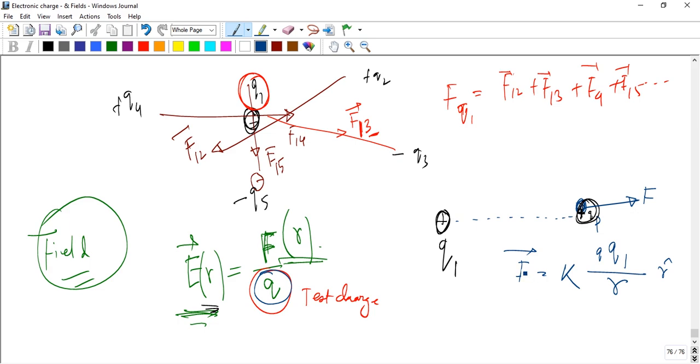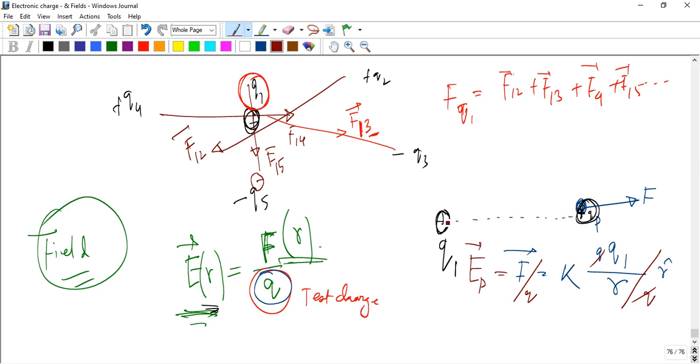The force divided by the test charge, small q divided by small q cancels, and force divided by test charge gives the electric field at point P. So electrostatic force divided by test charge gives the electric field at the point. That's the concept, either positive or negative.